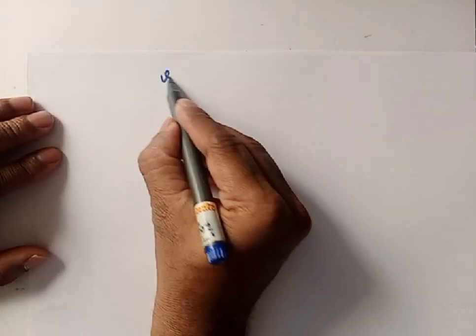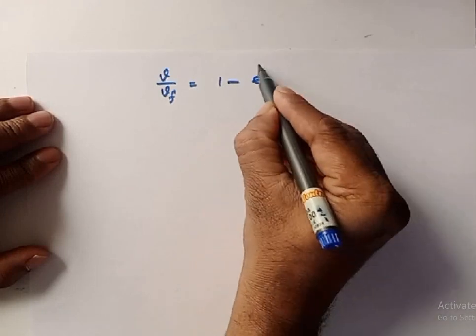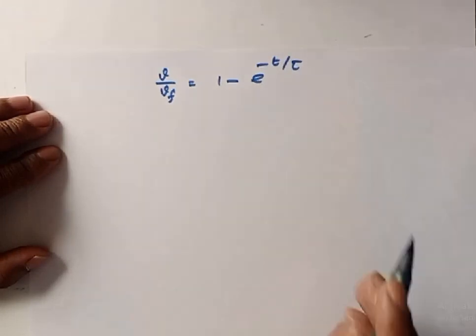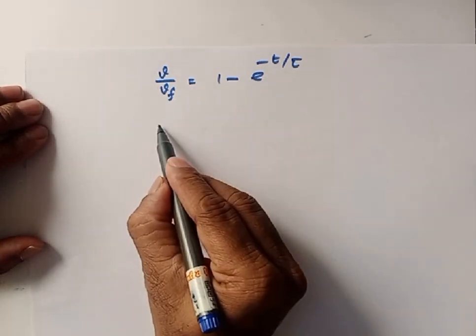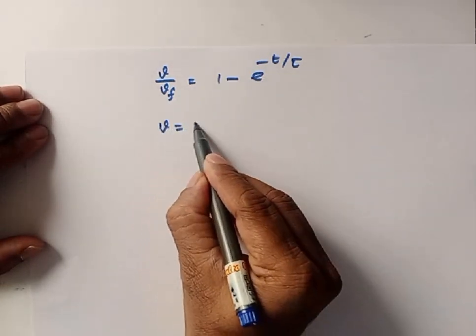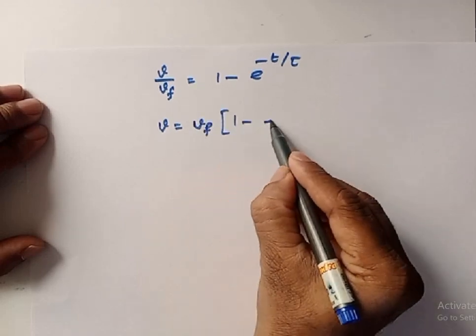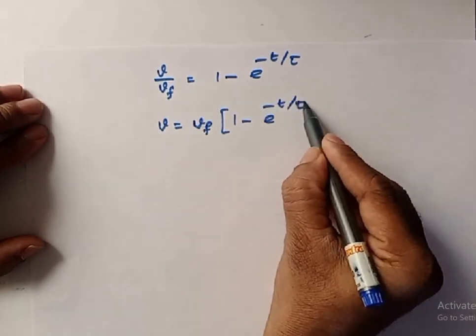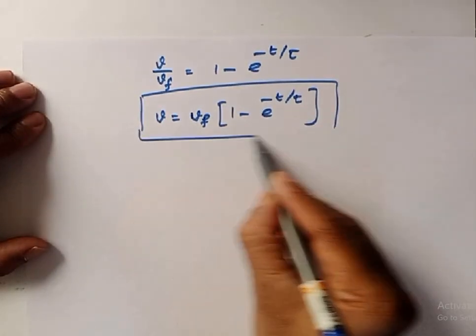When you do that, you'll get V by Vf equal to 1 minus e power minus T by tau. Clear? What is V then? Then V is equal to final average velocity into 1 minus e power minus T by tau. We get an expression for the velocity of the electron like this.